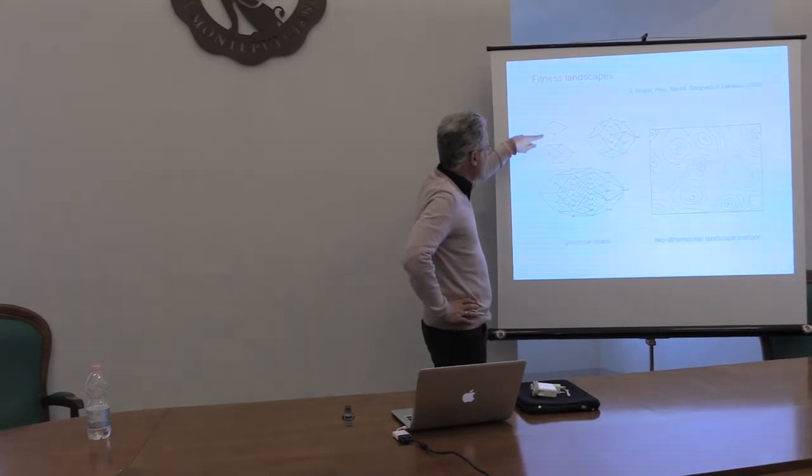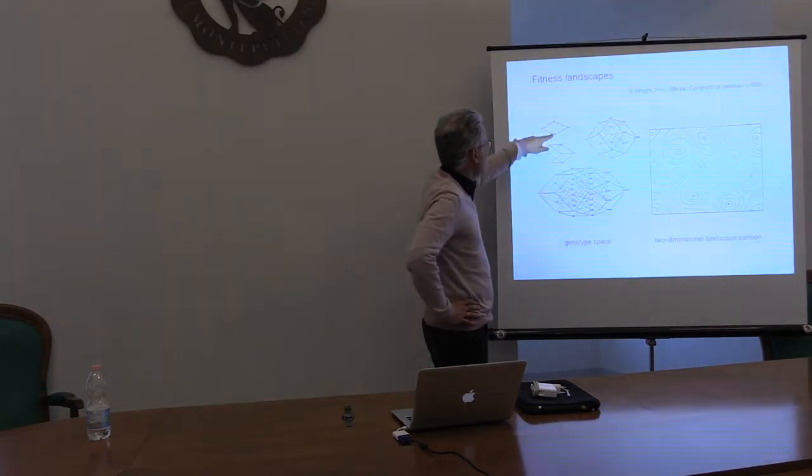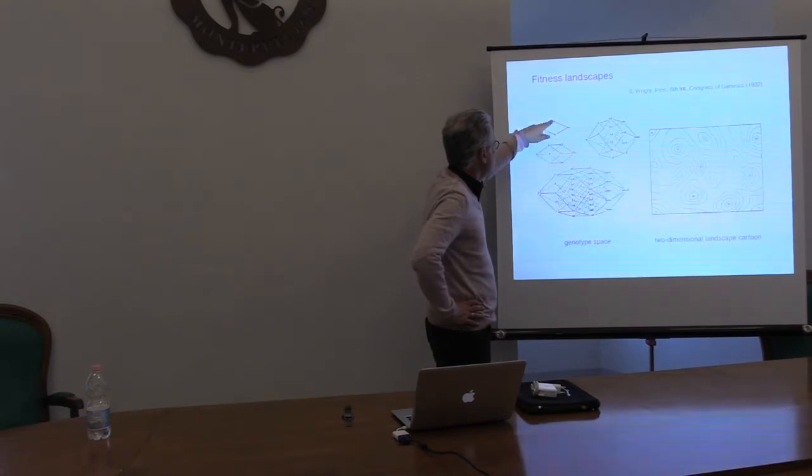So suppose now that you have two genes. This cross is the so-called wild type, the original type, and then you can have a mutation at one locus which gives you a B, and you have a mutation at another locus which gives you an A, and then you have the double mutant AB.